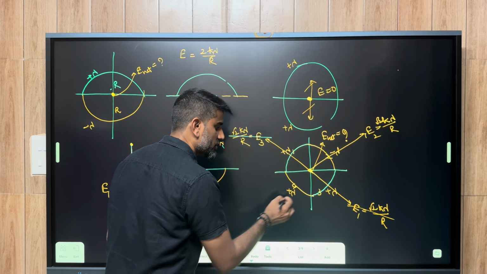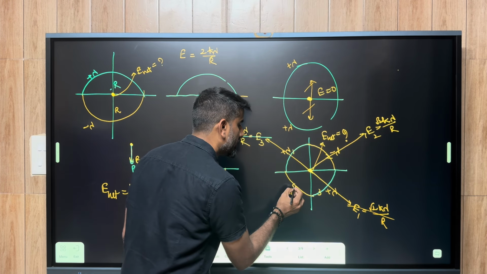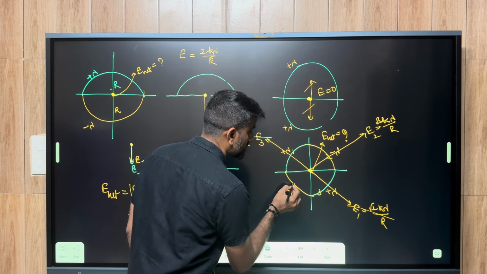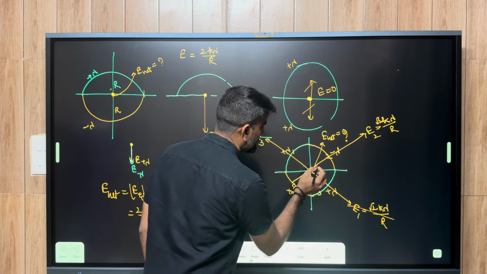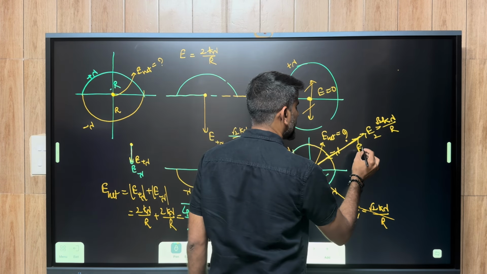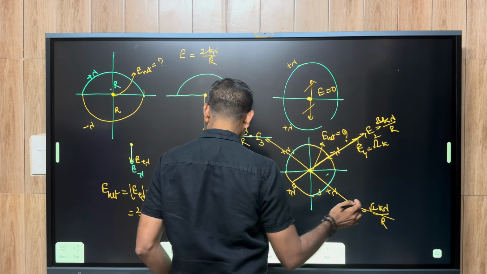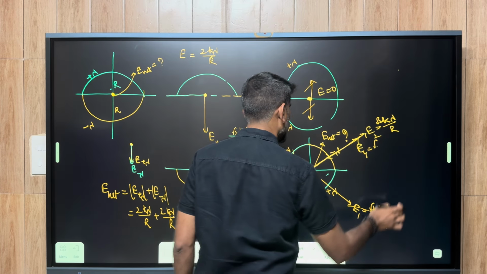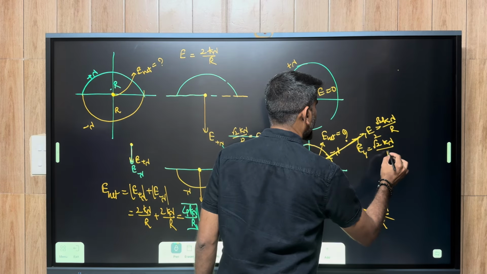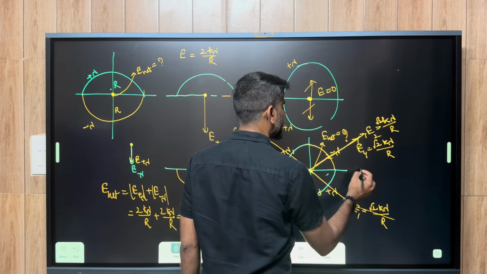The fourth quarter circle is positively charged. The field due to this fourth quarter circle will be in the same direction as that of this one. This E4 is equal to root 2 k lambda by r.